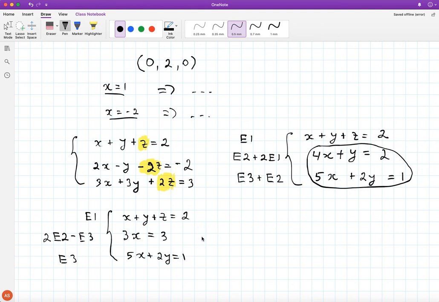And now the second equation contains only the x variable. We can solve for x in that second equation to find x equals 1.